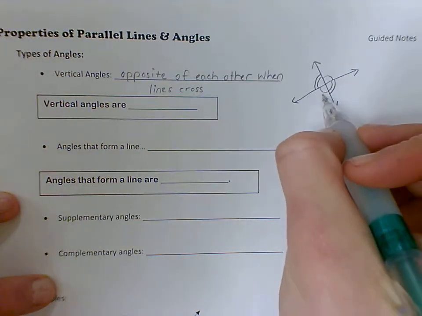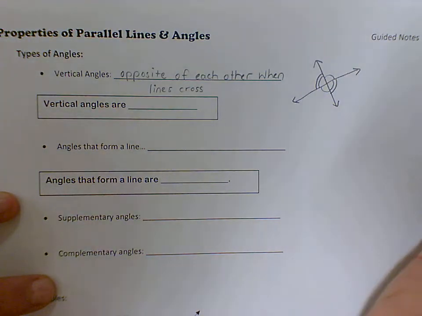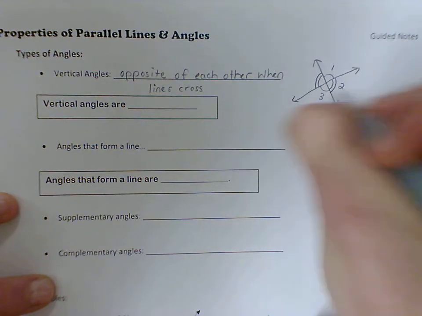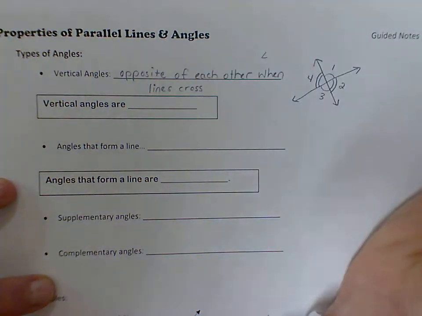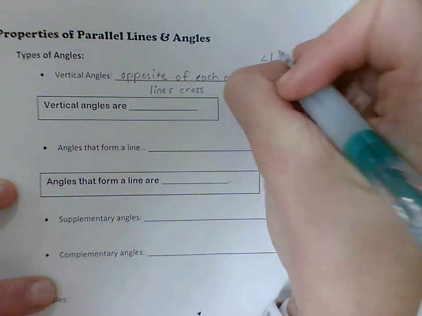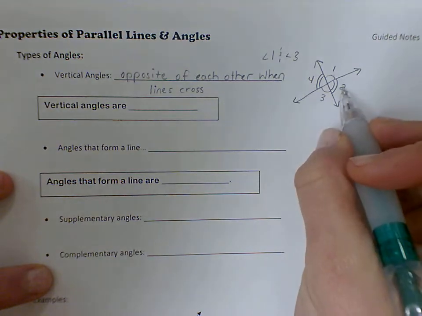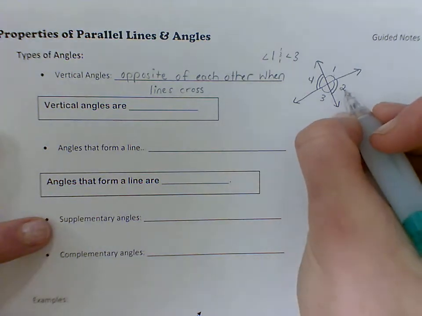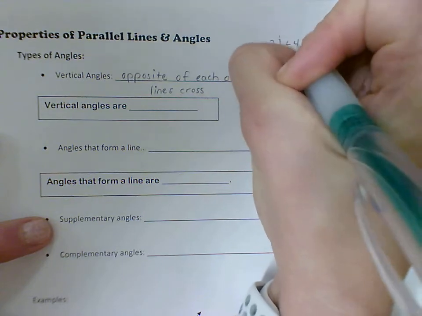So if I number them, let's say this is angle 1, that's angle 2, that's angle 3, and that's angle 4, then you would say that angle 1 is a vertical angle with angle 3. So angle 1 and angle 3 are vertical angles. But then also angle 4 and 2 are vertical. Or in numerical order, angle 2 and angle 4 would be vertical. So those are some examples of vertical angles.